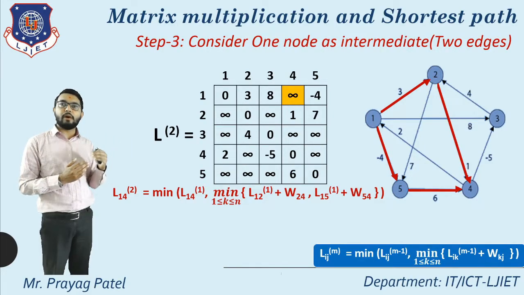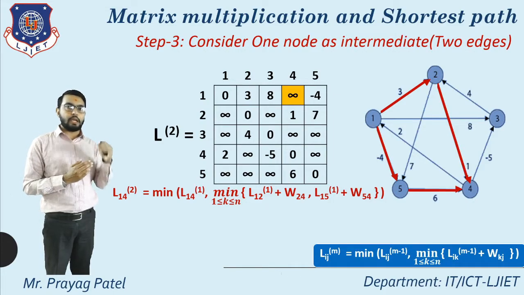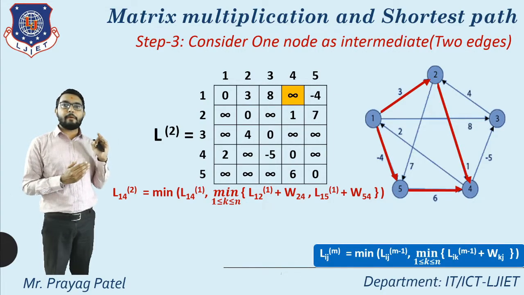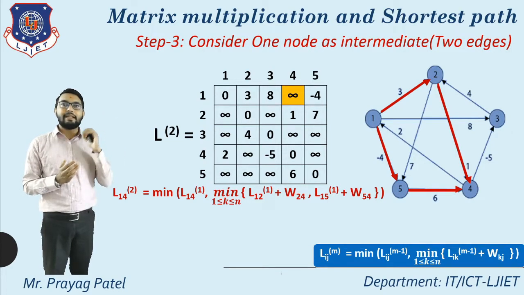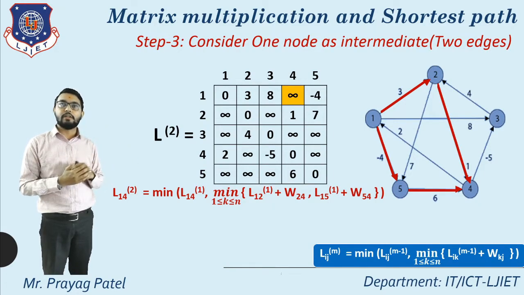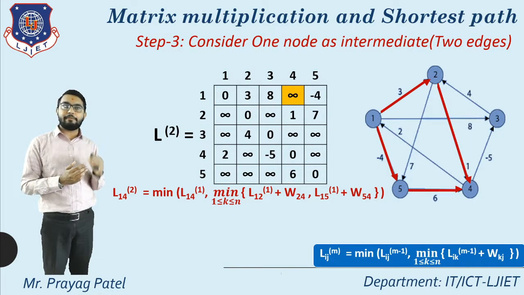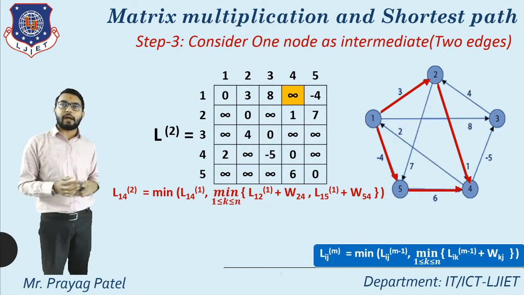Now next is minimum of 1 less or equal to k less or equal to n, L of ik. Now k means intermediate node. Here consider 2 as an intermediate node as well as 5 as an intermediate node. So consider L of 1 to 1 plus W of 2 4. And second option is L of 1 5 1 plus W of 5 4. So according to this find the value.